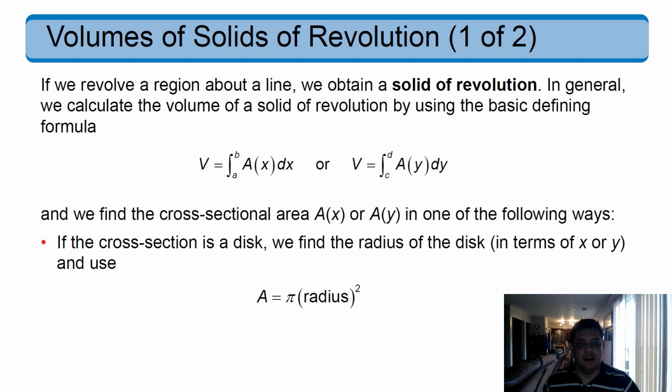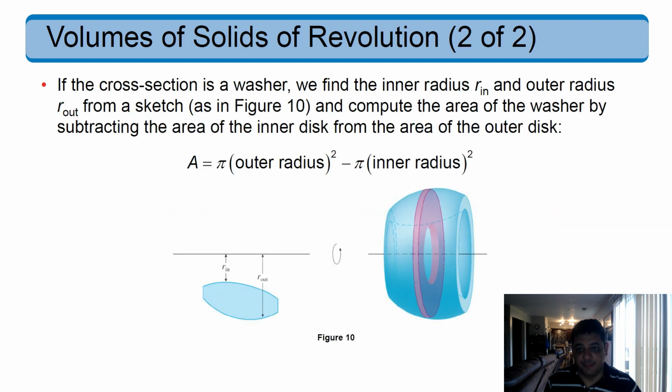Because we are revolving around, it's very easy to think of the cross section as a disk, and then we're going to find that once the radius of that disk is in terms of x or y, the cross sectional area of that disk is going to be just pi times the radius squared. So it's very easy to find that particular area.